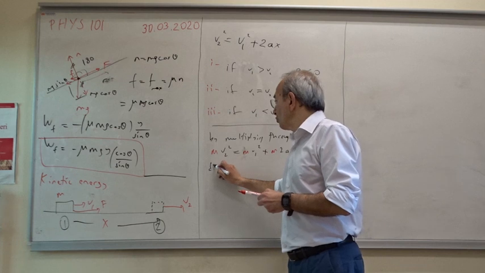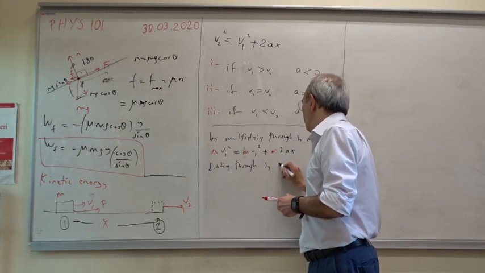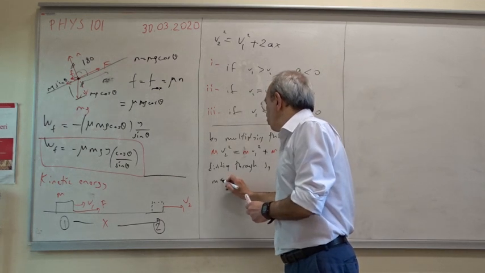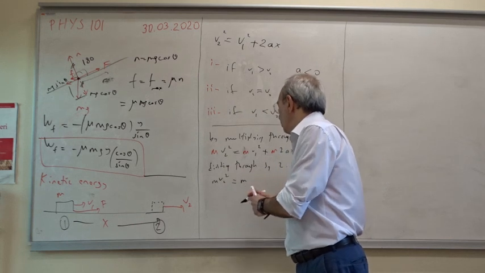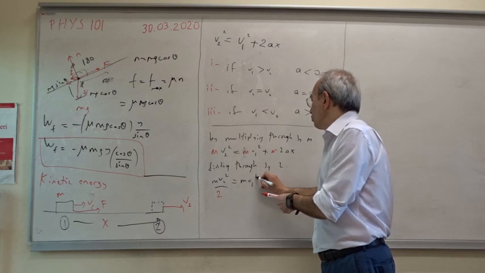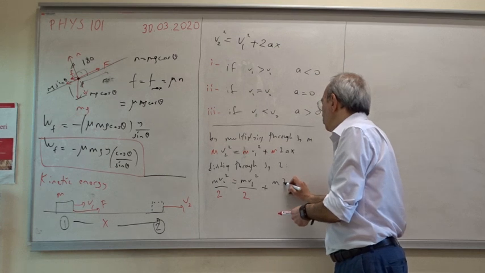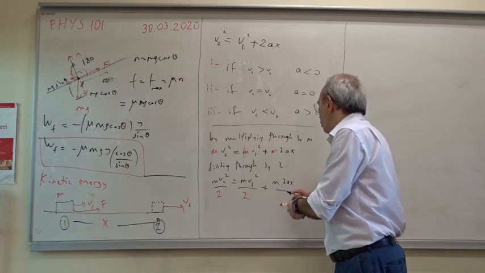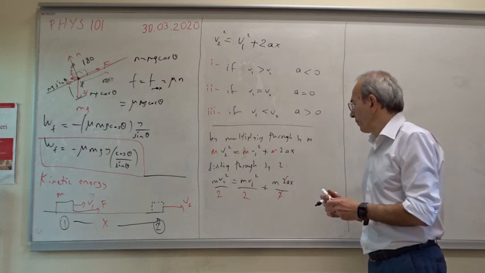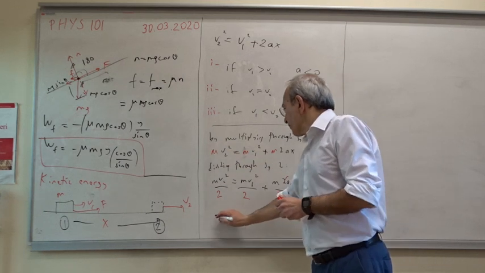Now dividing through by 2, we have mv2 squared over 2, equals mv1 squared over 2, plus m 2ax over 2. So these 2's will cancel. What do we get? Let's take this term to the other side.